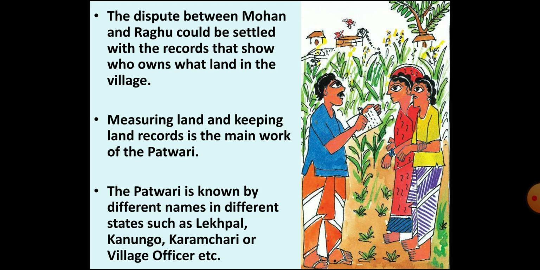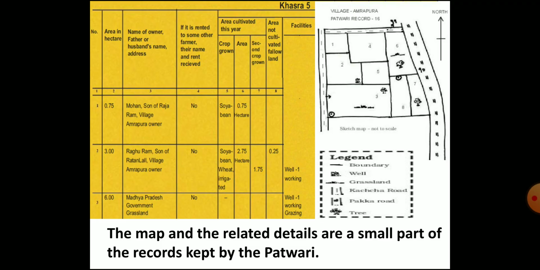It is the responsibility of the Patwari to maintain and update the records of those villages. The picture in front of you children is the small part of the land records kept by the Patwari. This record gives information for the map and helps to identify which plot of land is owned by whom.